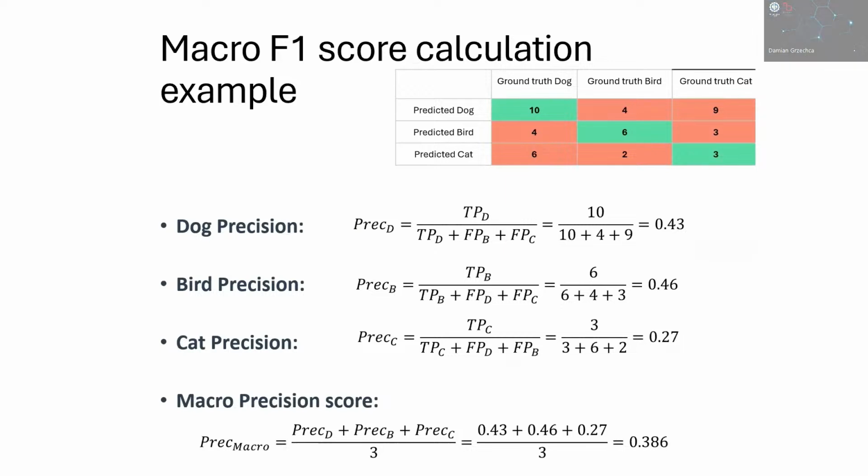And here is the macro F1 score calculated. First of all, we have to calculate the dog, bird, and cat precisions. So what is the dog precision? It's the true positive for dog, 10, divided by all numbers that indicate a dog, so we have 10 plus 4 plus 9 in a row.